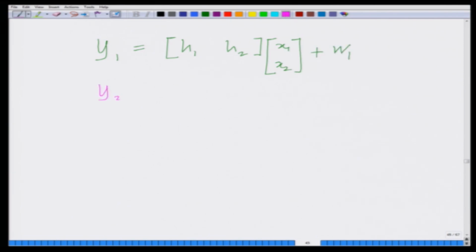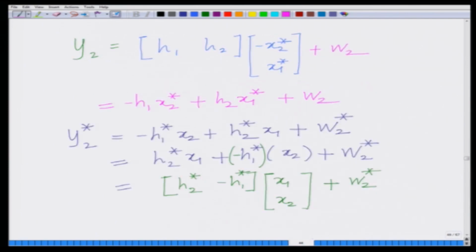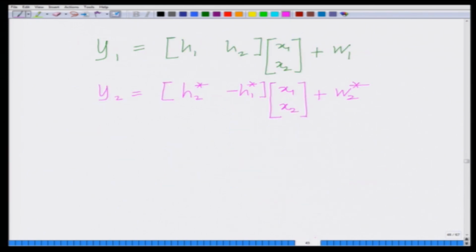From the second time period I have y2 conjugate equals H2 conjugate minus H1 conjugate times x1 x2 plus W2 conjugate. Now, I can combine these two into a single equation.